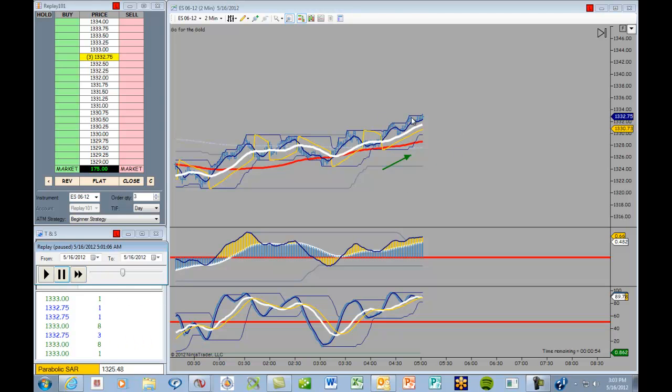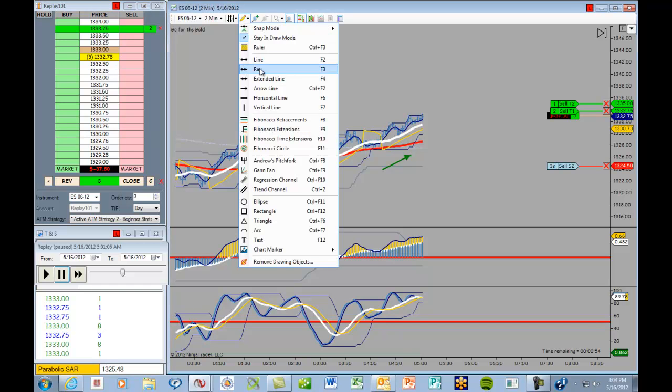Okay, we had a zone of resistance built up and we just broke through it. So let's take another shot on the long side.